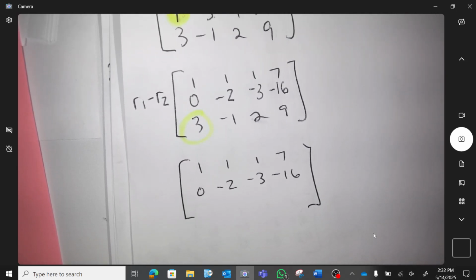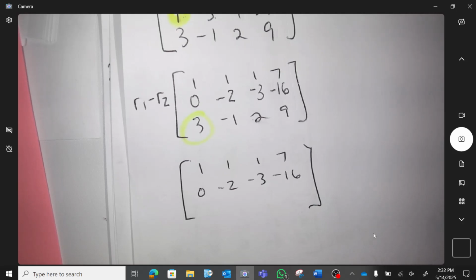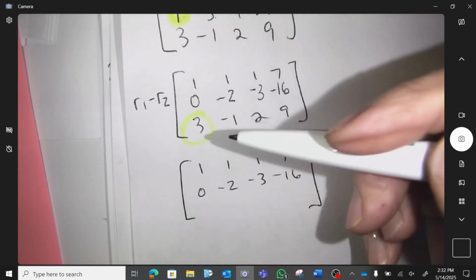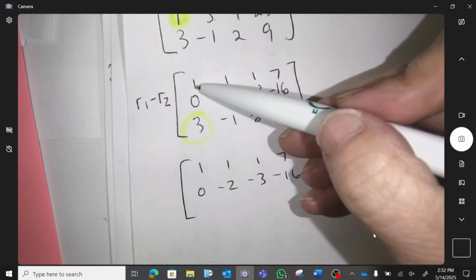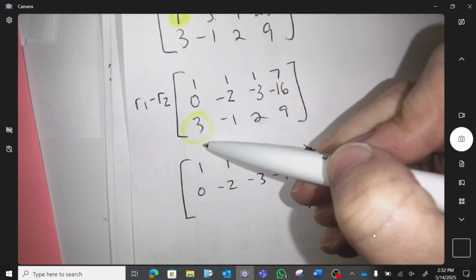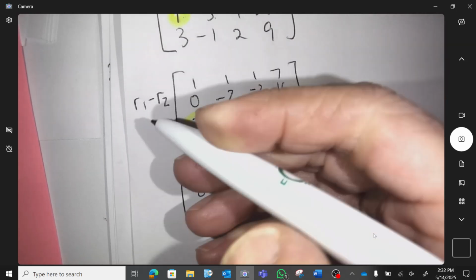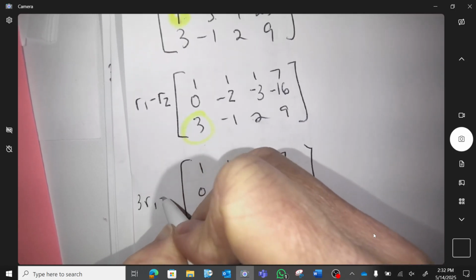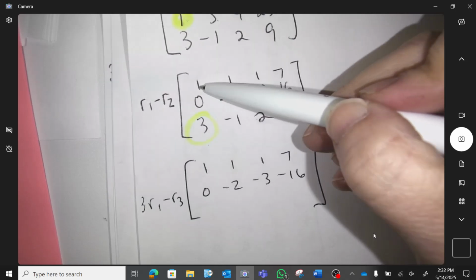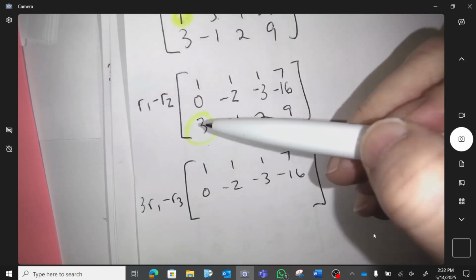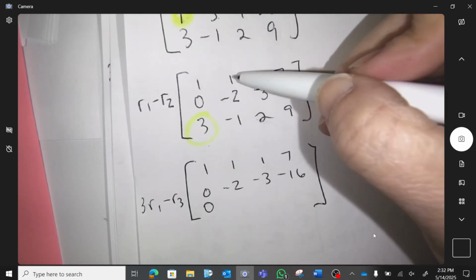Okay, which row do you have to combine it with? The first row, and are we going to triple this one? Triple this, and then subtract that. Does that sound good? Triple row 1, and then take away row 3. So here we go. Triple 3, subtract 3, 0.